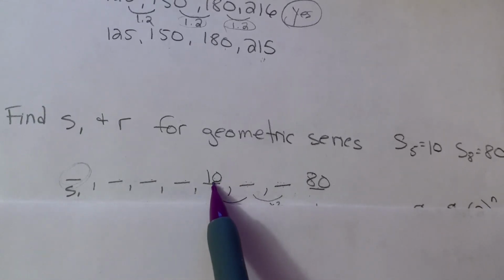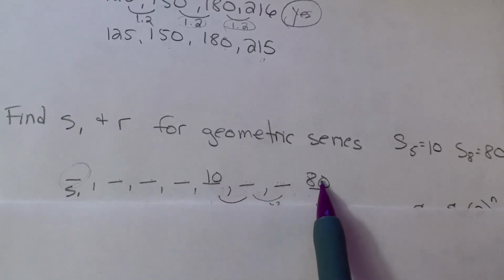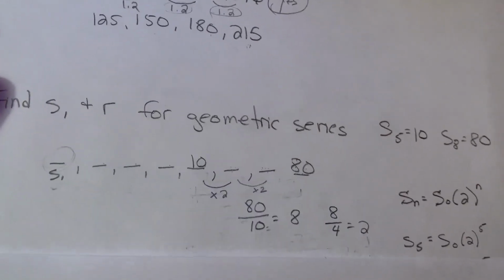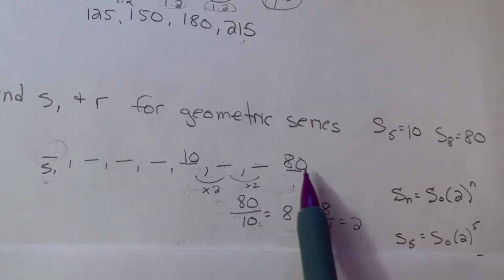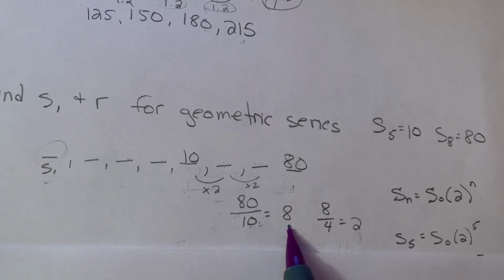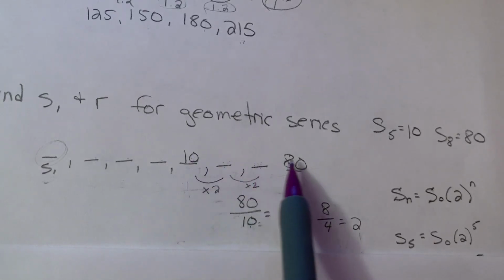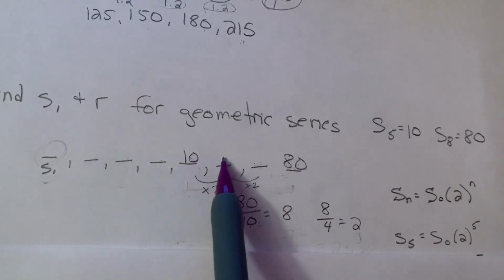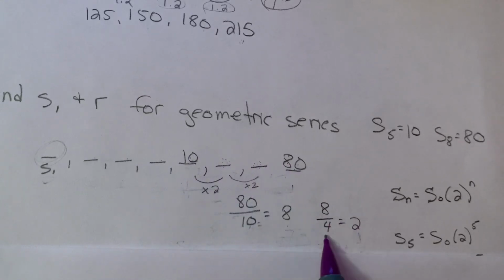So if I'm going from 10 to 80 and I'm multiplying by the same number every time, what I want to do is say 80 divided by 10 is 8. And there's 3 multiplications here: 1, 2, 3. So the number cubed is 8, which means R is 2.